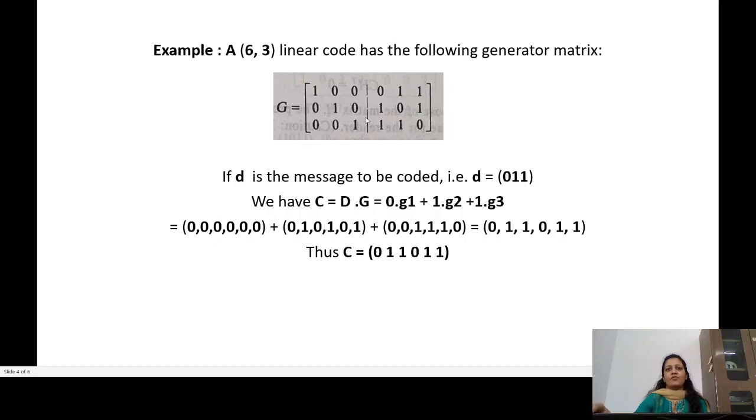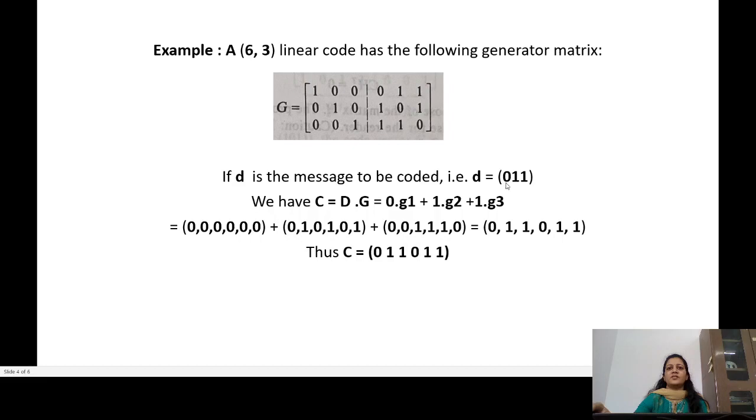We are multiplying 1 with the second row, therefore we will rewrite the second row as it is, 0, 1, 0, 1, 0, 1, and multiply 1, that is the third bit of D, with the third row. So I will get the third row as it is, that is 0, 0, 1, 1, 1, 0. So now if you add them together, you will be getting 0, 1, 1, 0, 1, 1, which is the same as the code you obtain by multiplying this D with the G. Okay, so this is the code word.